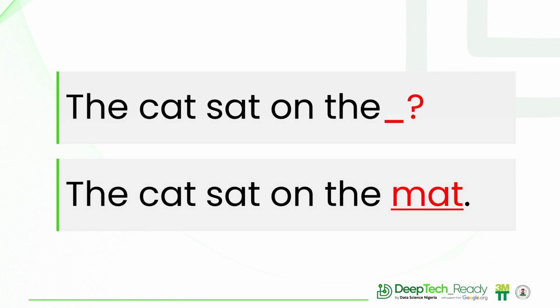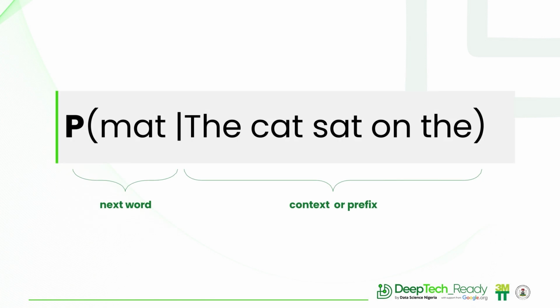This notation represents how a language model works, and it's usually read as the probability of the word mat occurring given the context "the cat sat on the." So basically, the model uses the prior words to predict the most likely next word.